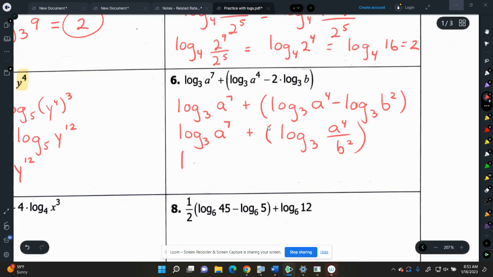Which means I need to bring these together. So this will be a to the 7th times a to the 4th over b to the 2nd. And then I'm going to multiply my a's. So that's going to be log base 3 of a to the 11 over b to the 2nd.